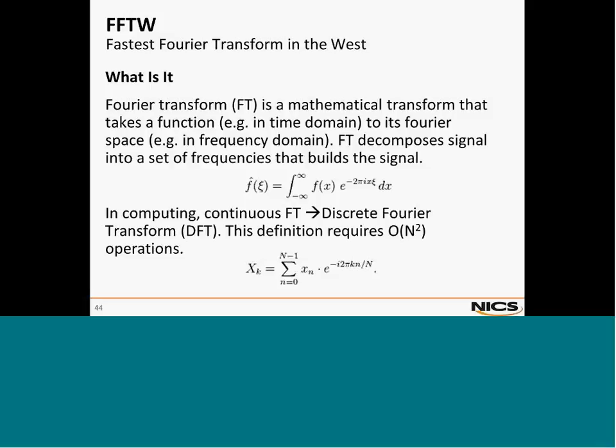This is really used in signal processing and even in solving PDEs. In computing, the continuous Fourier transform becomes the discrete Fourier transform, and the definition of the discrete Fourier transform requires a quadratic operation.